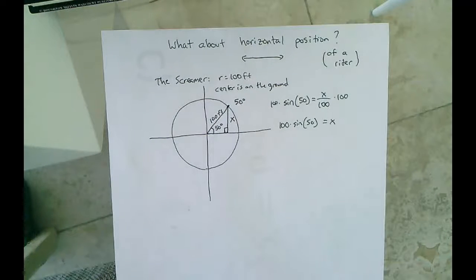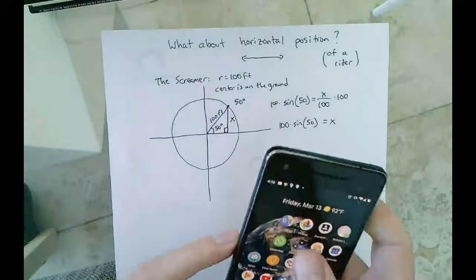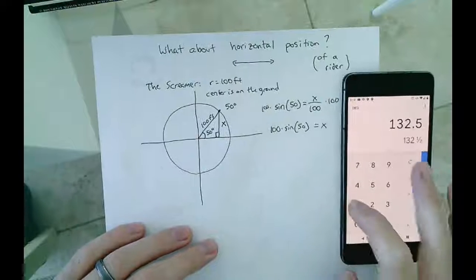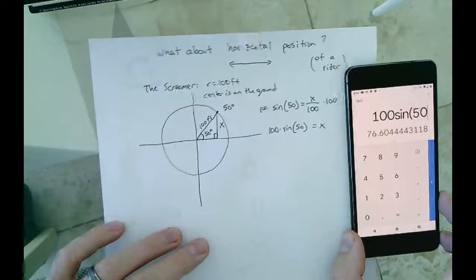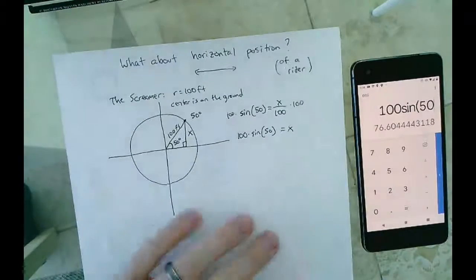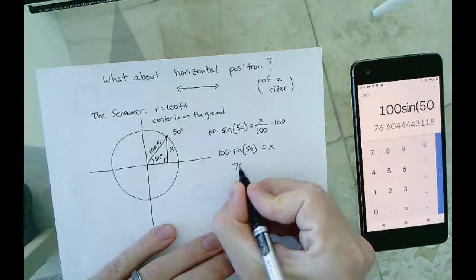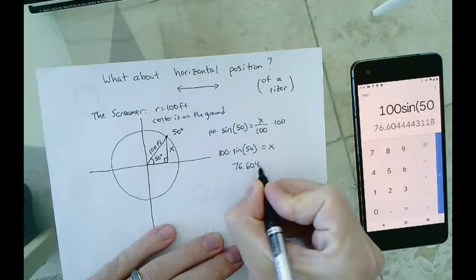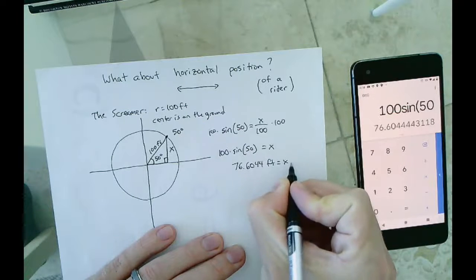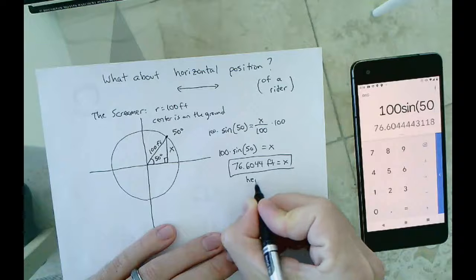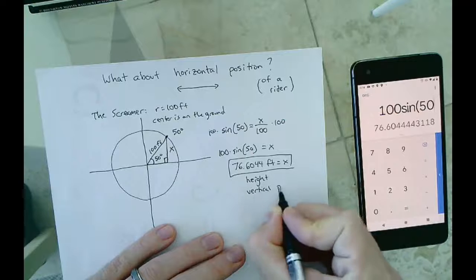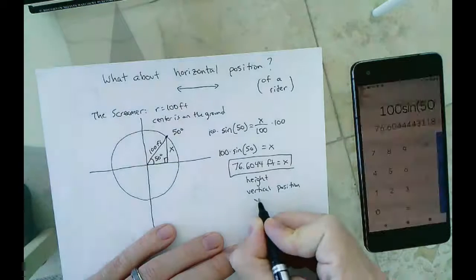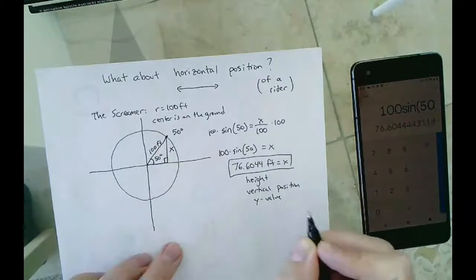And if I wanted to calculate that, I take out my handy dandy phone right here and I go, calculator, what is 100 sine of 50 degrees, and I get around 76.6044. So x is equal to 76.6044 feet. So that right here, that is our height. Another way of saying that, that is our vertical position. And another way of saying that, this is the y value of that point on the Ferris wheel.